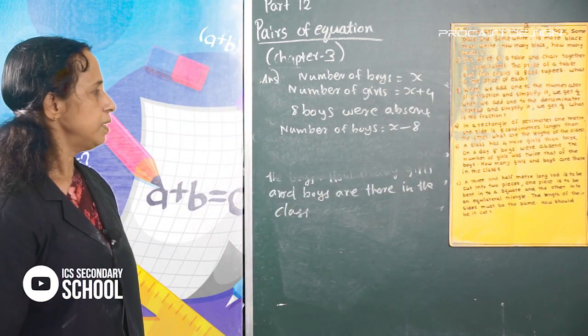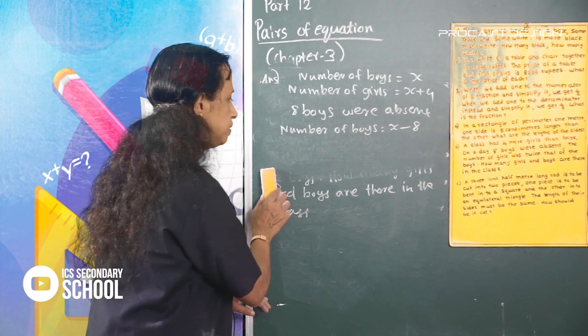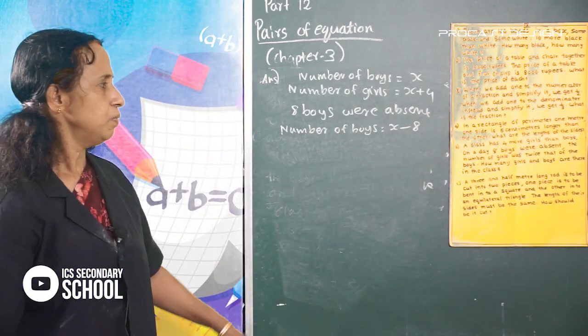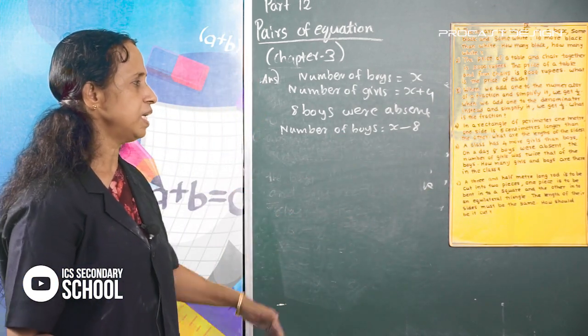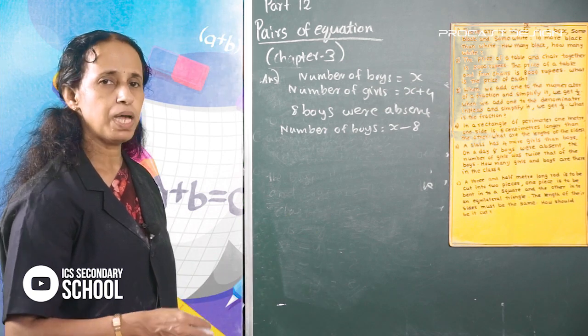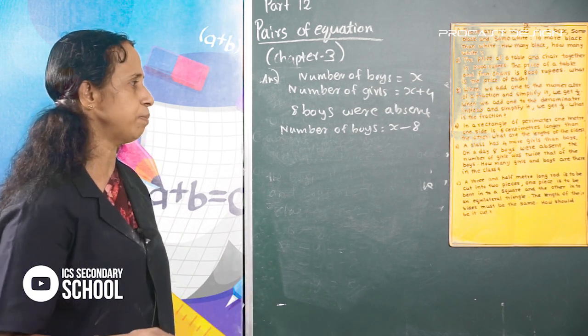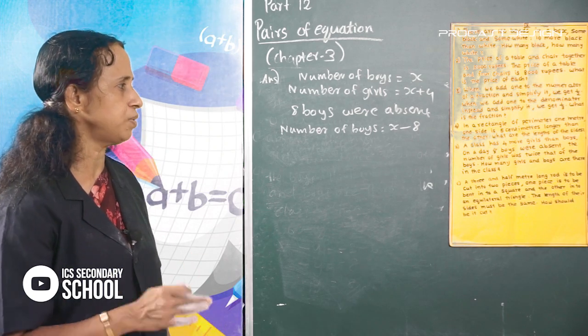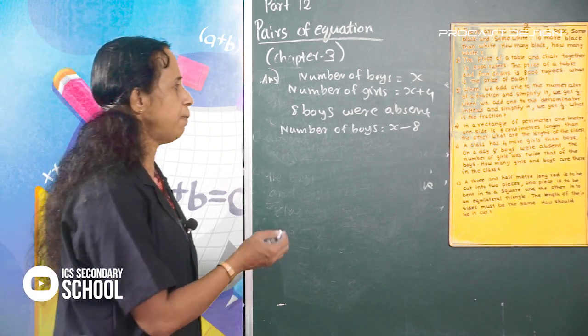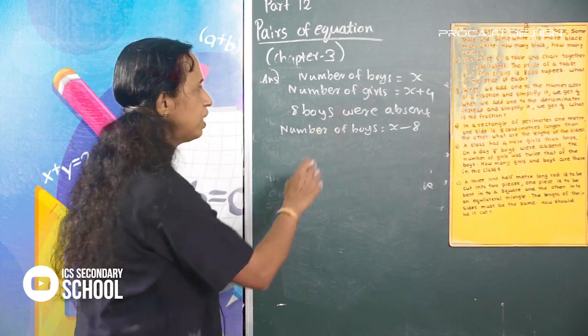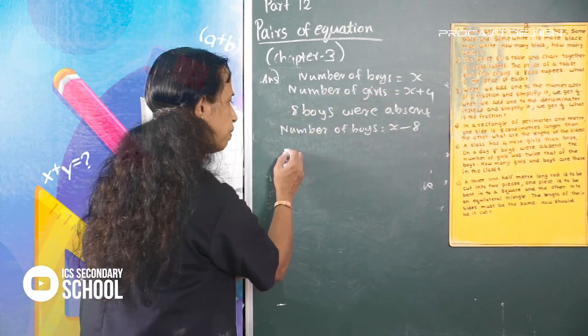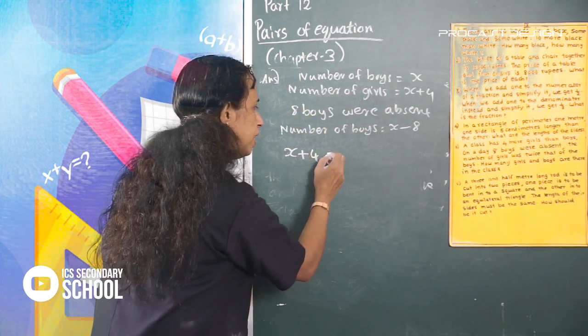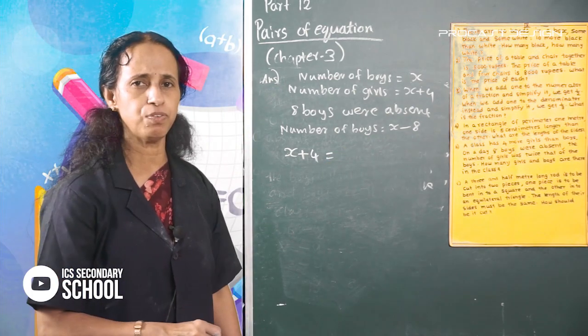Okay. Look here. On a day, 8 boys were absent. The number of girls was twice that of the number of boys. Twice means 2 into. So the number of girls, x plus 4, is equal to twice the number of boys.